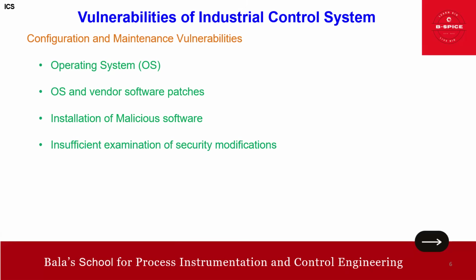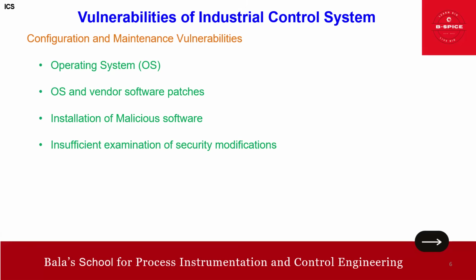Okay. Then insufficient examination of security modifications. Introducing a modification to hardware, firmware, or software without conducting prior testing poses a risk to the smooth operation of the ICS, isn't it? So it is very important to establish a well-documented procedure for evaluating the security ramifications of changes.